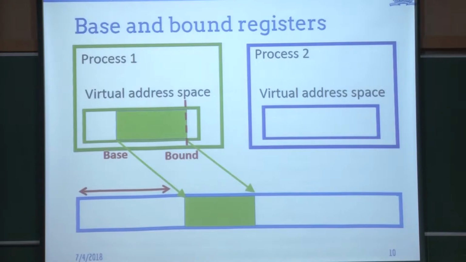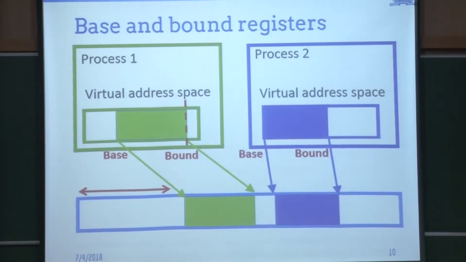The base notes down where in the physical memory that allocated chunk is located. And the bound is a protection mechanism, so that you do not go into the unallocated region, making sure that you remain within the bound of the allocated region. And as always, other processes can have different parts of their address space allocated, and they will have different base and bound registers.